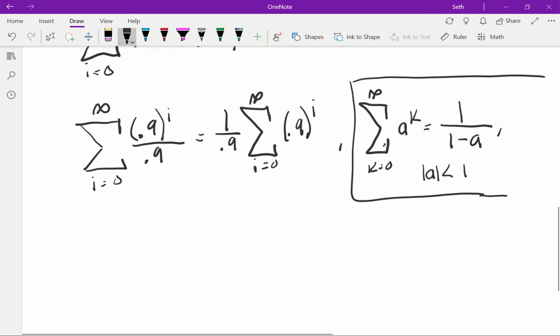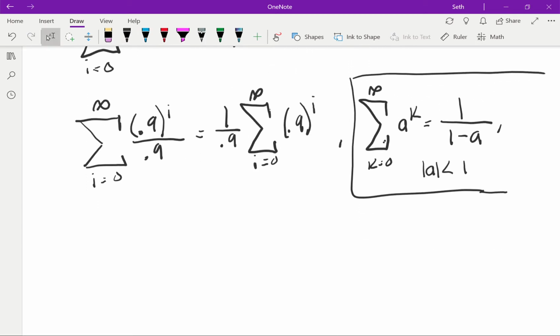In our case, we have 0.9, so that's definitely less than 1, so this just resolves to 1 over 0.9 times 1 over 1 minus 0.9.